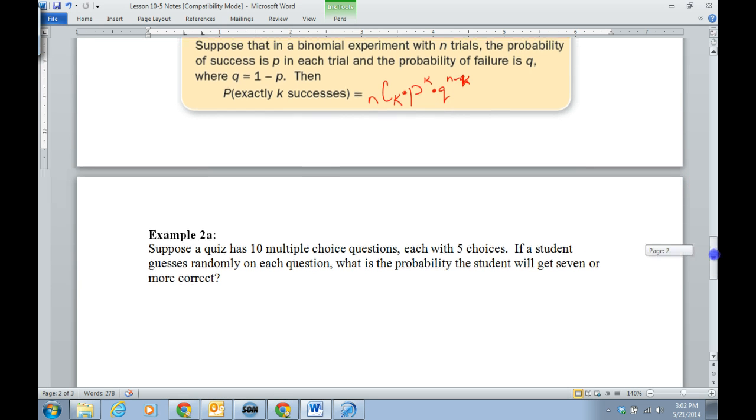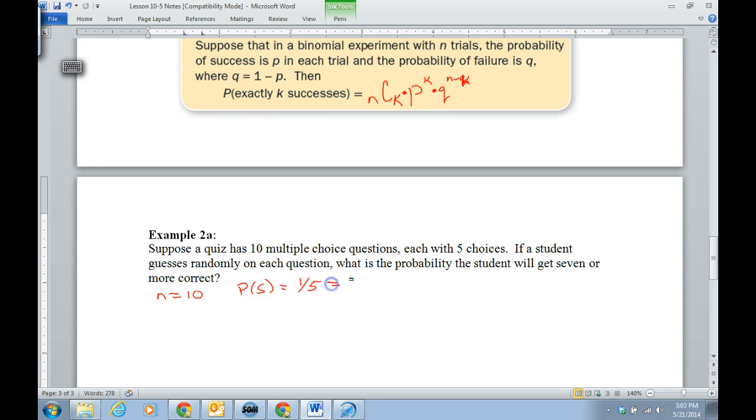Okay? So, in this case, we have n equals 10. That's the number of trials we have. The probability of a success is what? How many multiple choice? 1 out of 5, right? We have 5 possibilities for each question. So the probability of success is 1 out of 5.